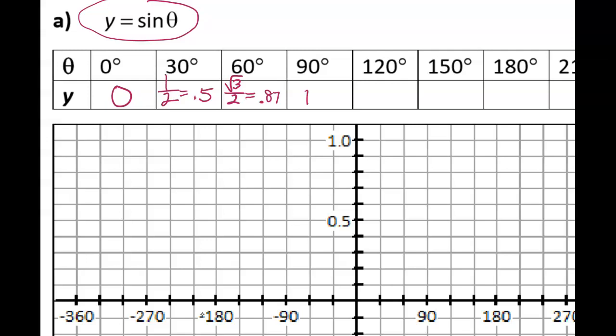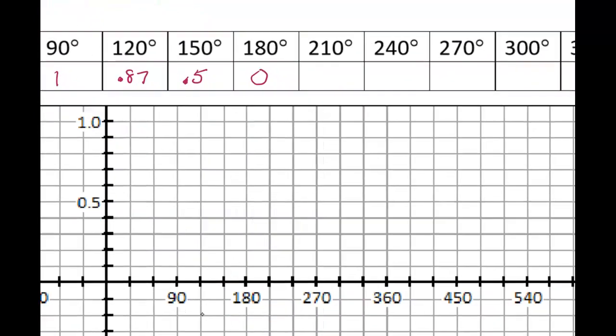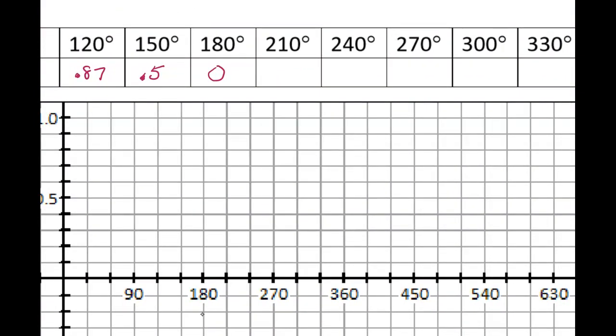What happens when we move into Quadrant 2? Well, our sine values are going to actually go back down, and they're still going to be positive. So sine of 120 degrees is the square root of 3 over 2, or about 0.87. Sine of 150 is a half, or about 0.5. Sine of 180 is back down to 0. As we rotate through the rest of the quadrants, going into Quadrant 3, the sign goes negative.